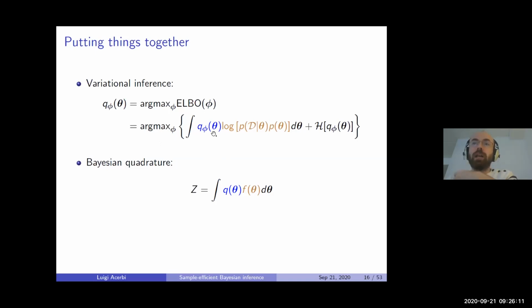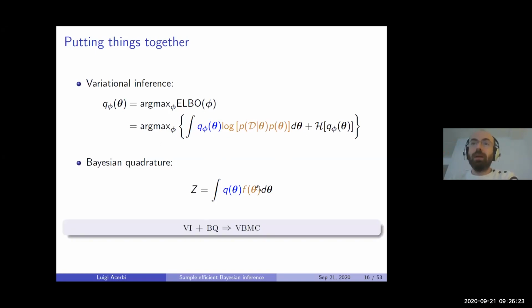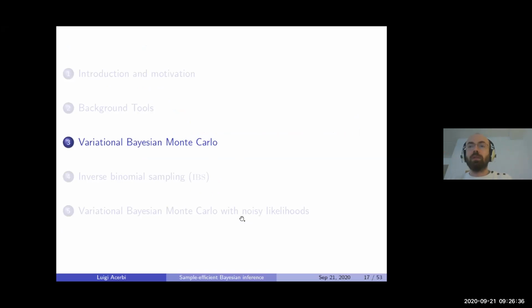If we use a mixture of Gaussians, it's a sum of different Gaussians. And this part here, we can approximate with the GP. If we do that, then we can compute the integral analytically. So by combining these two elements, variational inference and Bayesian quadrature, we get to this algorithm, with some other stuff. But at the core of this algorithm is the combination of these two elements to produce what I called variational Bayesian Monte Carlo. And that's what I'm going to talk about in a second.